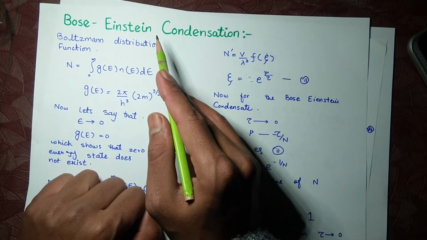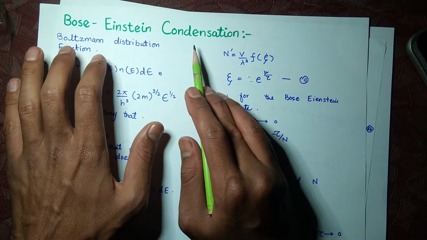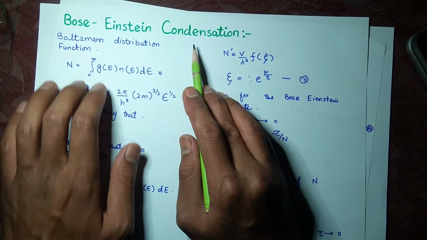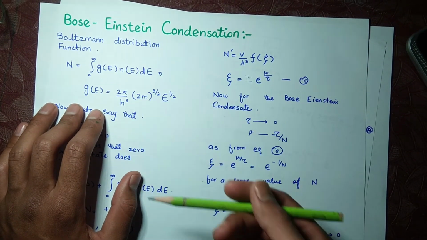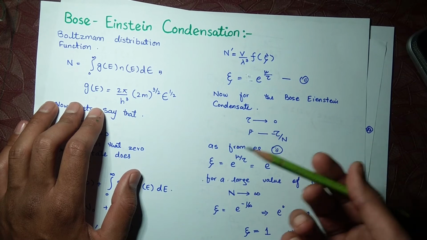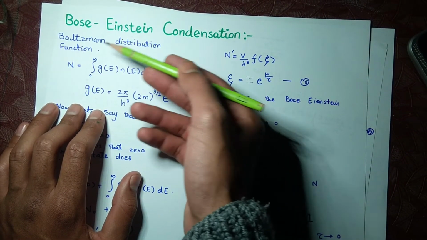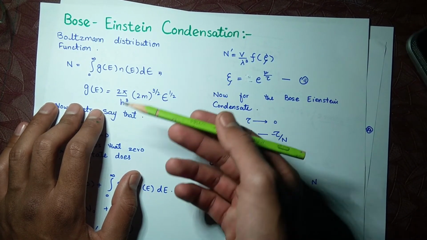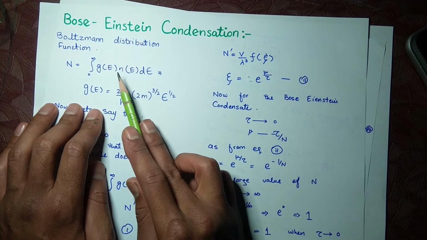So Bose Einstein condensation is, starting from the distribution function for the boson. We have two distribution functions: Fermi statistics for the fermion and Bose statistics for the boson. This is the distribution function for the boson.